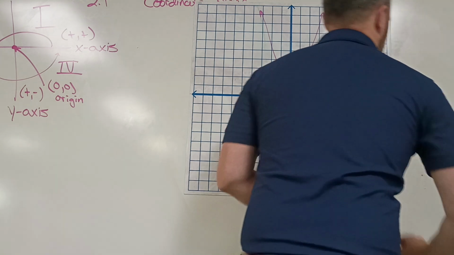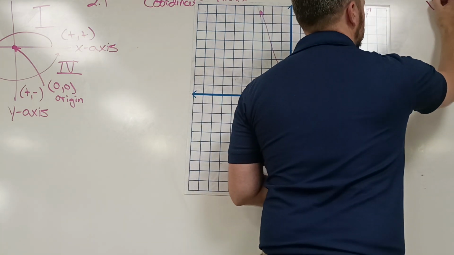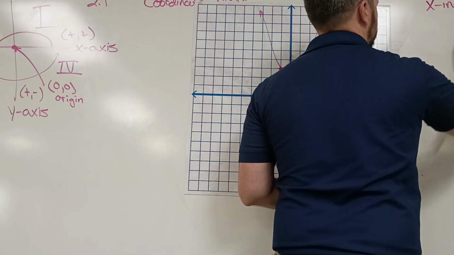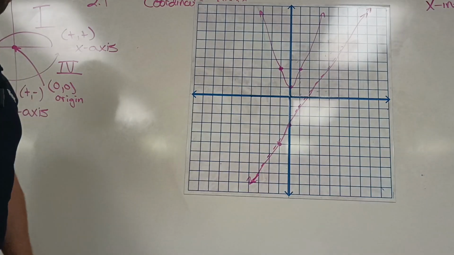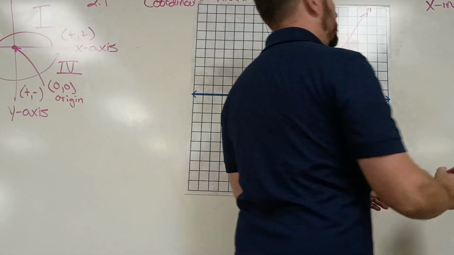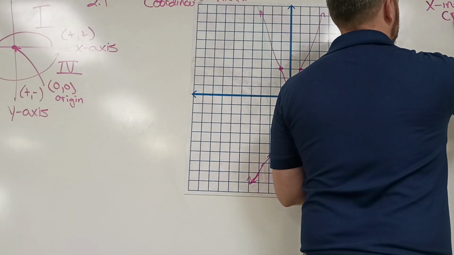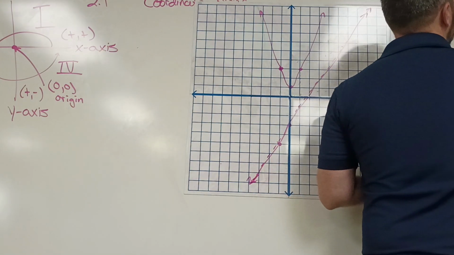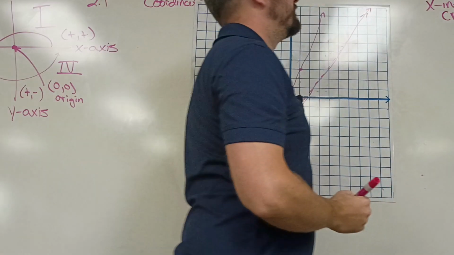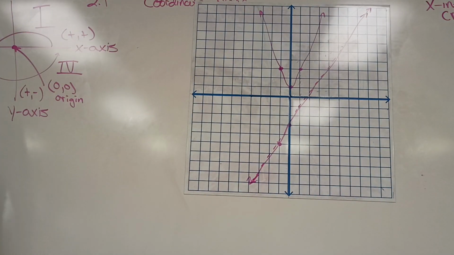All right. What does it mean to be an x-intercept? What does it actually mean, like on a graph, to be an x-intercept? Yeah, exactly. So now here's the thing that throws people off. If you're crossing the x-axis, what is your x value?